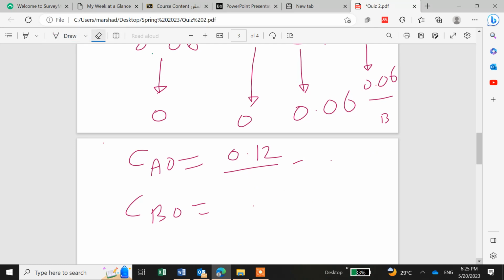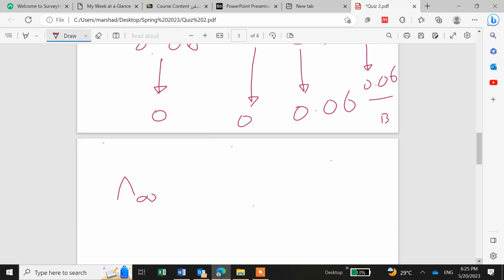Sodium acetate has conductivity. D is ethanol. It doesn't have any conductivity. So lambda infinity becomes lambda of 0.06 molar sodium acetate.